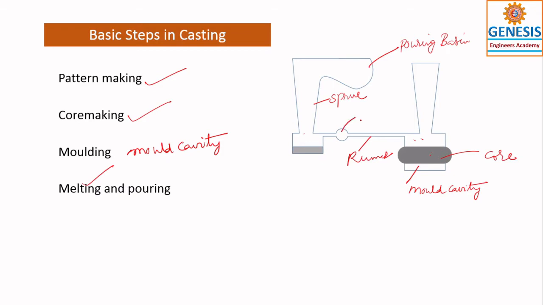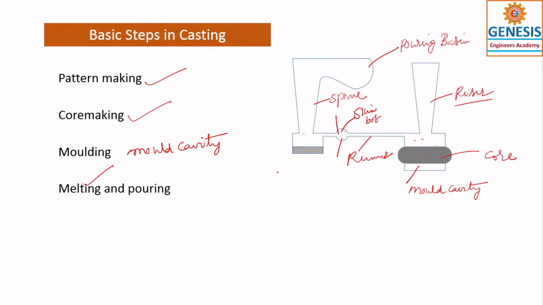And this is called the skim bob, which is to collect the impurities. Heavier impurities collect in the lower part, and the lighter impurities in the upper part. This is the riser. The riser's basic purpose is to compensate for the liquid shrinkage of the casting.